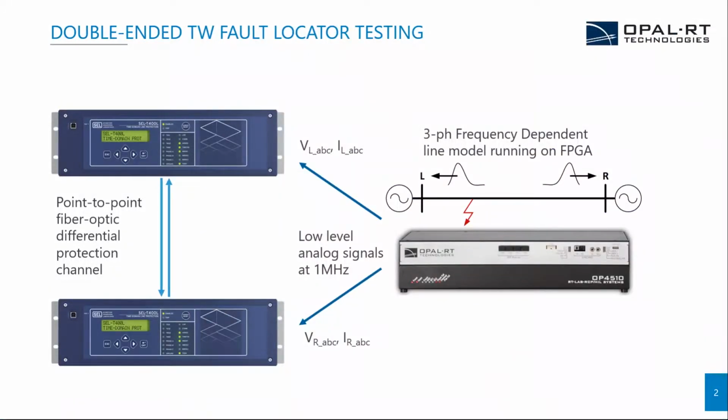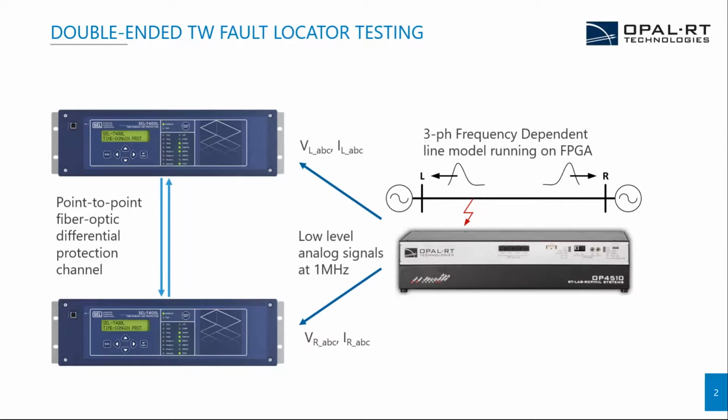So here we can see the hardware setup for this demo. On the right, we have the OP4510, which is the real-time simulator that we will use today. The power system model, which consists of the voltage sources, breakers, load transformers, as well as the three-phase frequency-dependent line model, will be executed on the FPGA at a time step which is less than 1 microsecond.